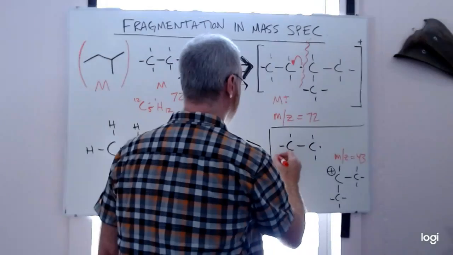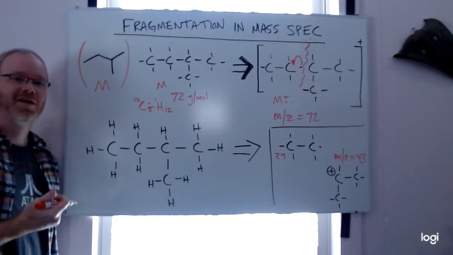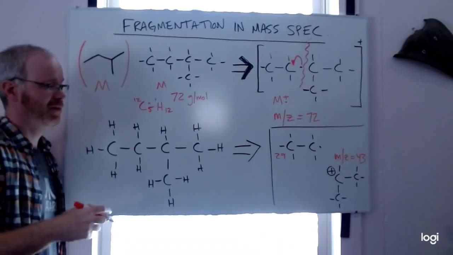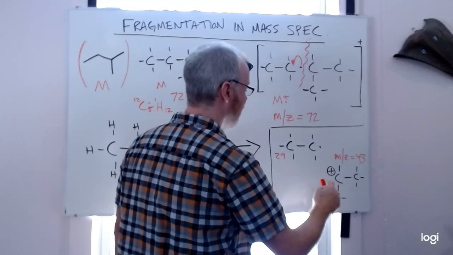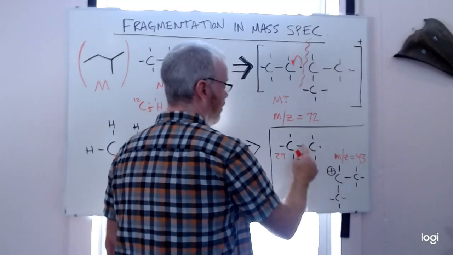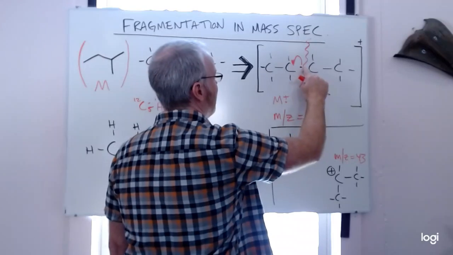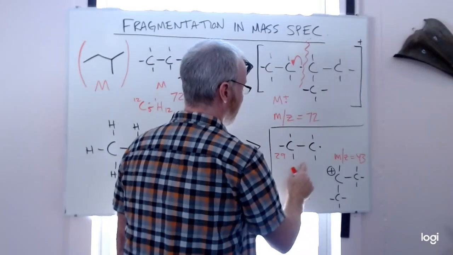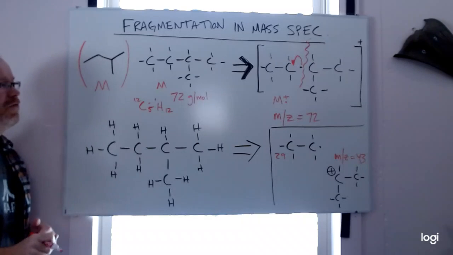This one's going to be 29. As it turns out, only the carbocation fragments, only the positive charge fragments, are the ones that are accelerated through the magnetic field and actually get detected. But it can potentially fragment both ways. So in this break, the electron can sometimes go the other way, giving you the fragment at 29. But this is overall what's happening.